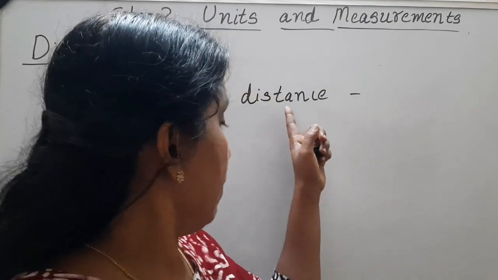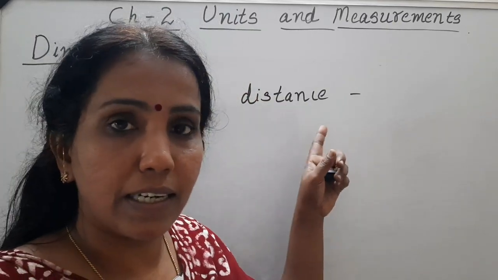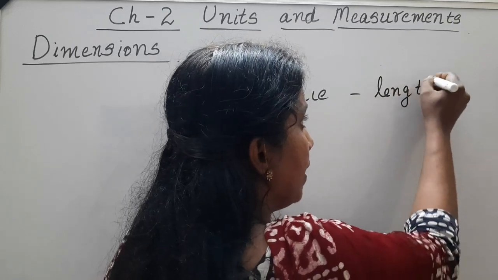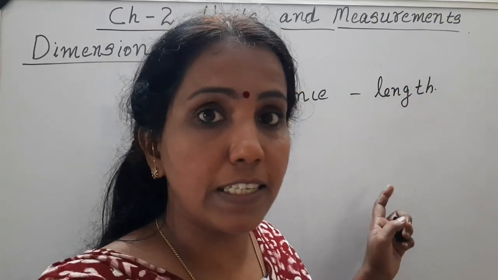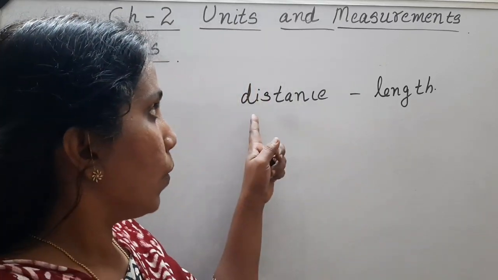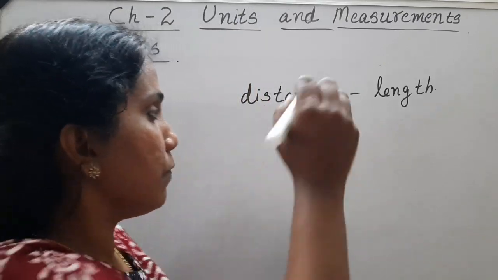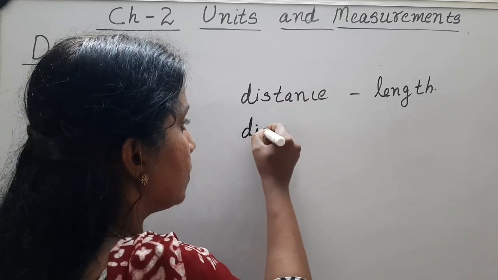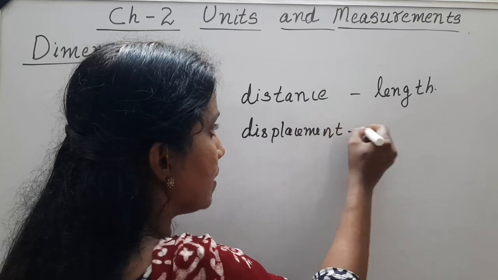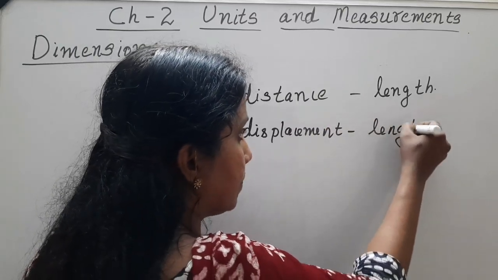So what type of quantity is distance? Distance is basically length, which is a fundamental quantity. Displacement also is a fundamental quantity. That means it is basically length.